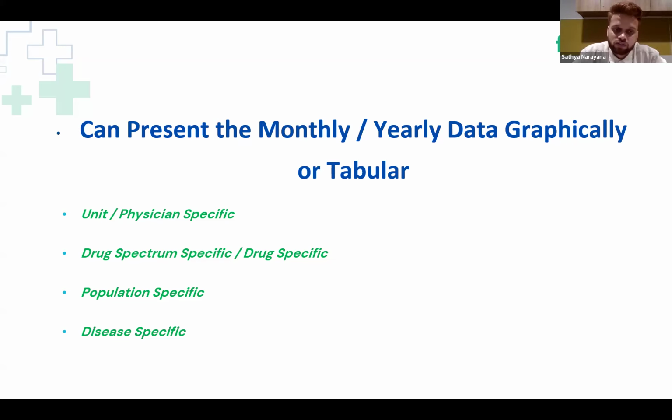If not, population specific, population in the sense again all pediatrics, all general medicine, all males or females. If not, we can take even disease, like when we are comparing only the sepsis patients, or only urosepsis, or only respiratory. So this way we can do in these four possible ways to calculate the DOT, monthly or biannually or annually.